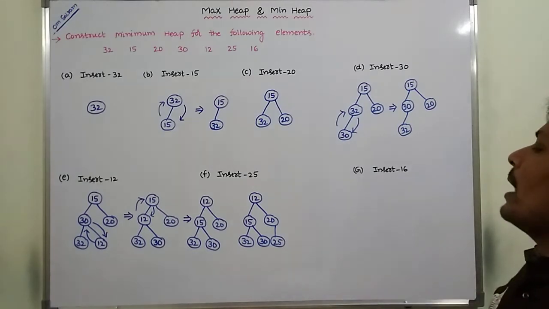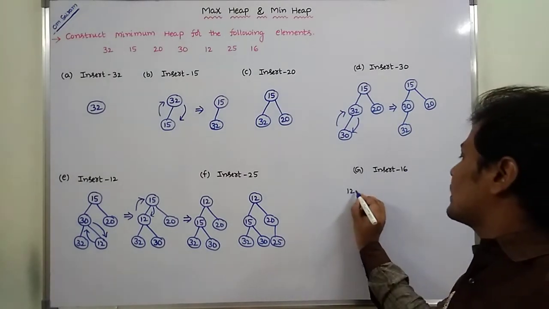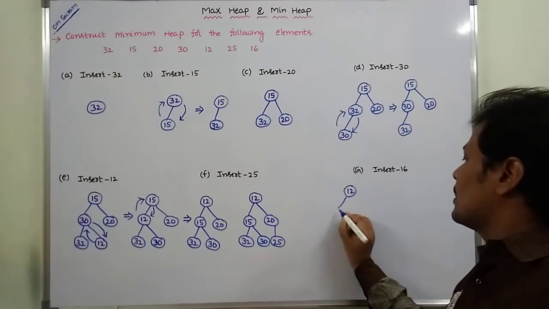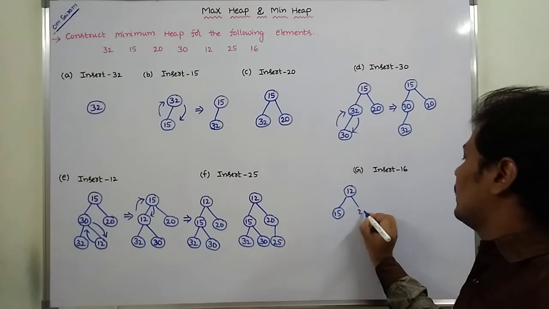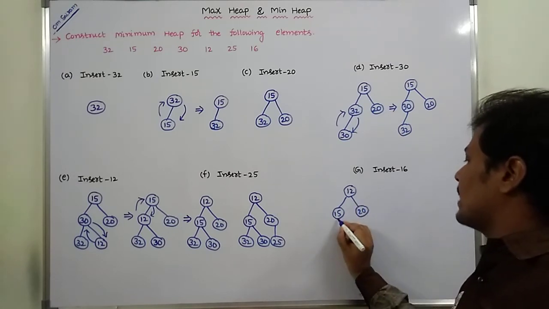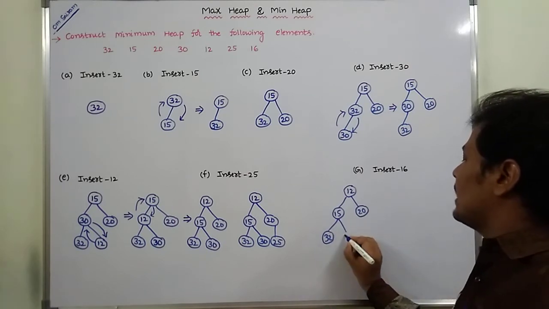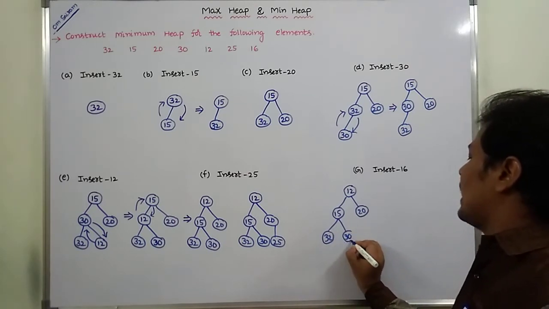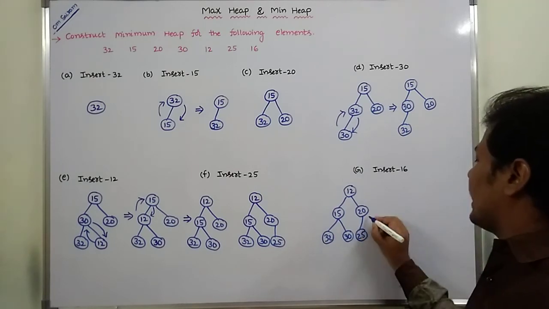Okay. Next we have to insert element 16. Before inserting element 16, what is the existing minimum heap? This is the existing minimum heap. Now we have to insert element 16 as a right child of 20.